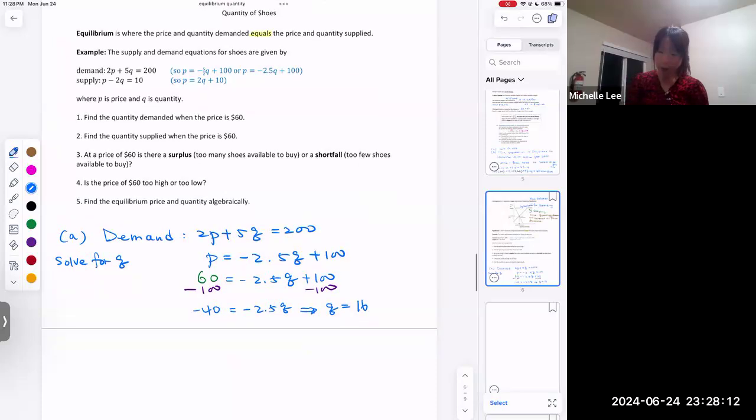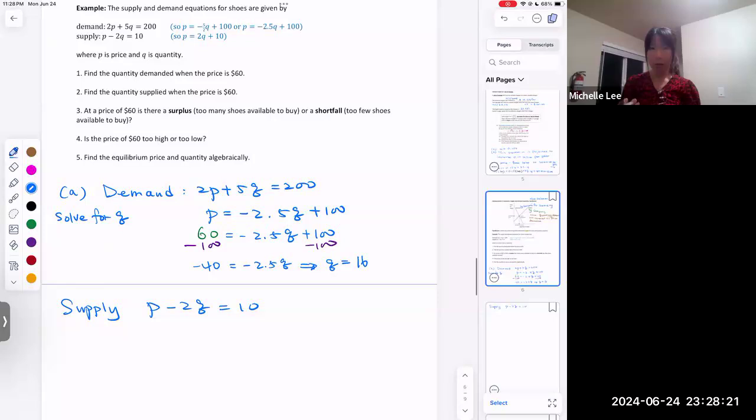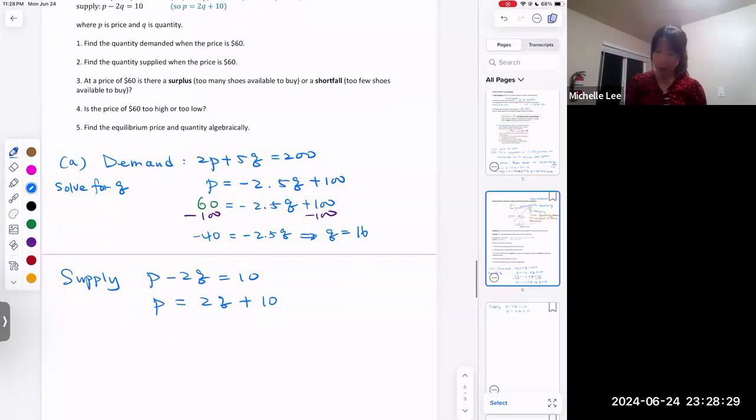All right, now we have supply. So P minus 2Q equal to 10. So P equal to 2Q plus 10. So P was $60. So 60 equal to 2Q plus 10.